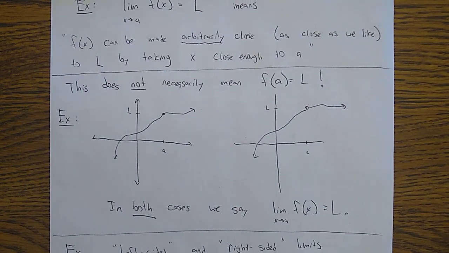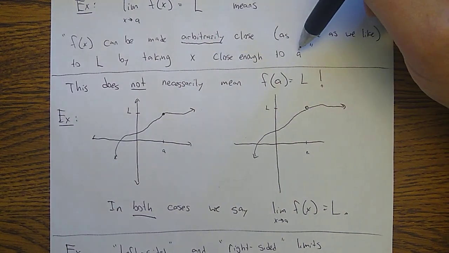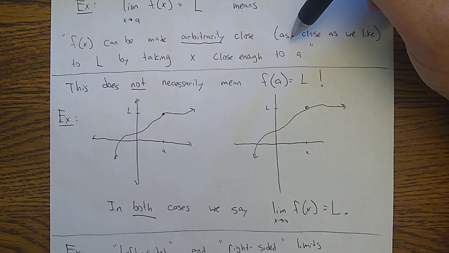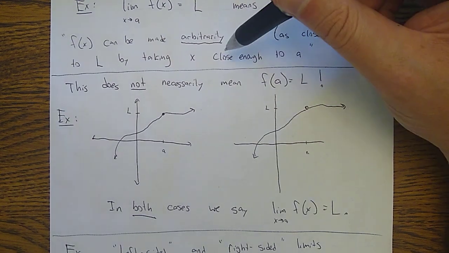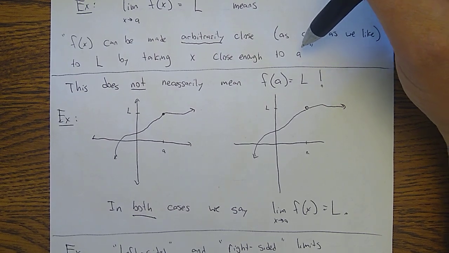Now, there's an important thing to emphasize about this. When I say x is close enough to a, we don't care what happens when x is exactly equal to a. We only care what happens when x is very, very close, but not exactly the same as a.